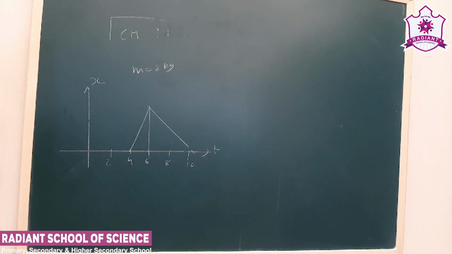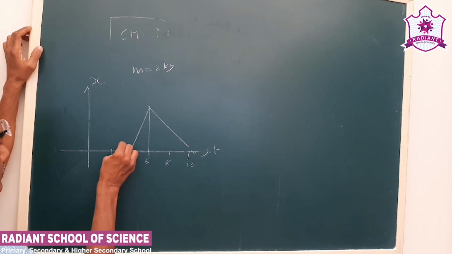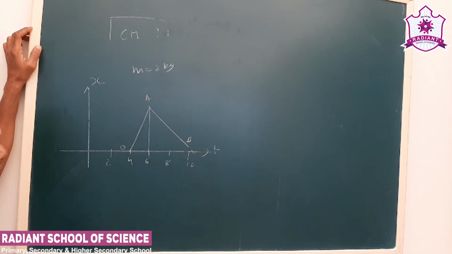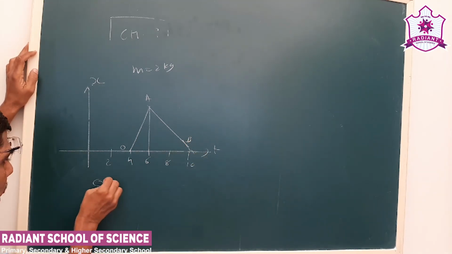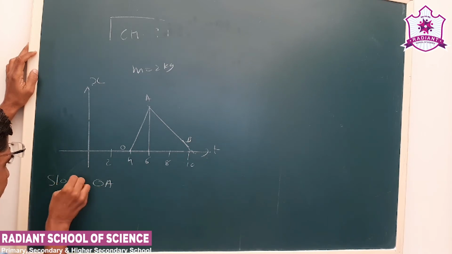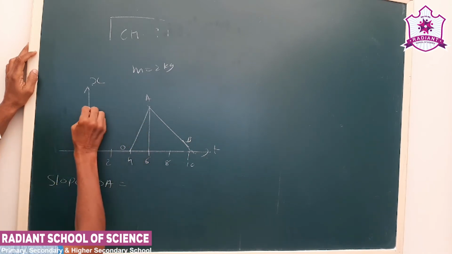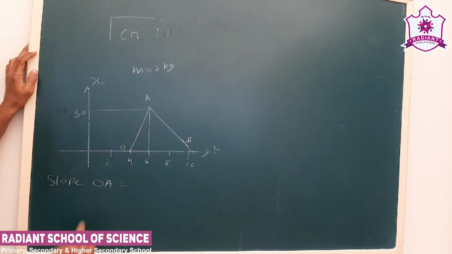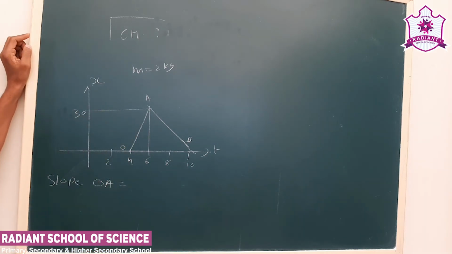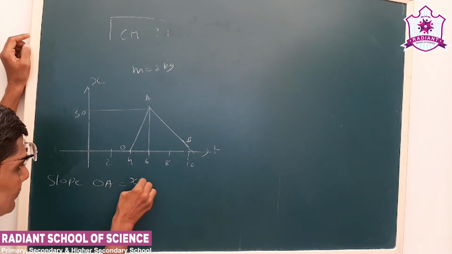Okay, what is the change in momentum? Now see what we have discussed in the previous lesson, that the slope of the x versus t graph gives the value of the speed. So what is the slope of OA? See here the value is given as 30. Okay, so what will be V1 here? X2 minus X1.